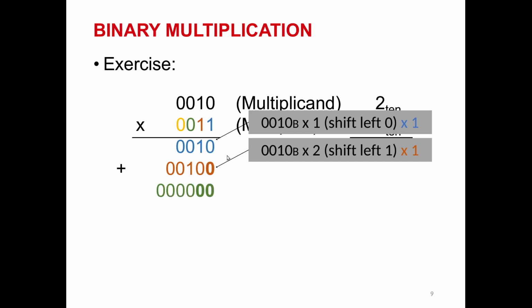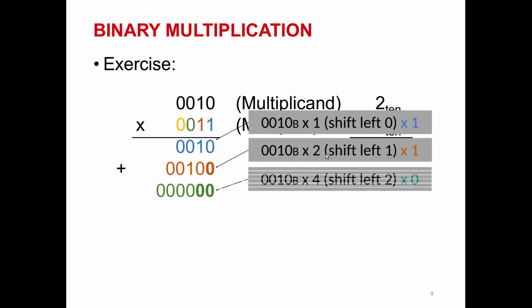Again, we fill this by 2 0, and so we have this value of 0 multiply with multiplicand, but this multiplicand must be shifted left for 2 bits or equal to this multiplicand multiply with 4, and then multiply with the value 0 here.